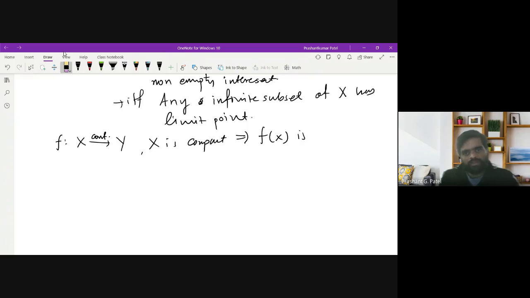So these are the results we have discussed in the previous lecture. Also, the corollary of this statement is, if X is compact and f is a continuous map from X to Y, then f of X is closed plus bounded.